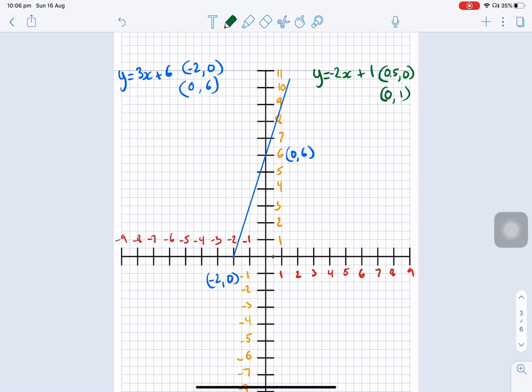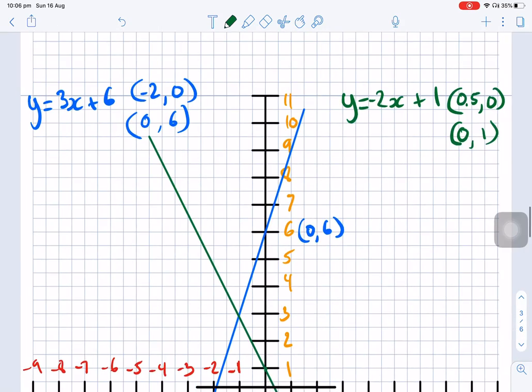And then we have y-intercept of x equals 0 and y equals 1, just there. And like we did last time, we can just draw a nice line through those 2 points. We can already see where our graphical solution for this is going to be. There we go.